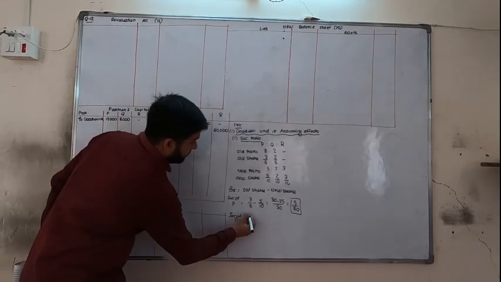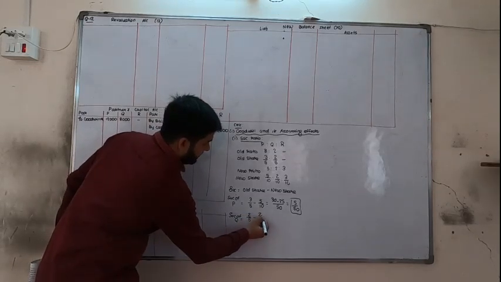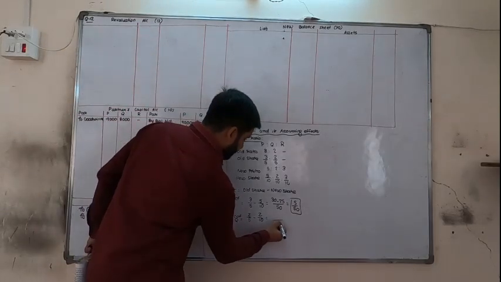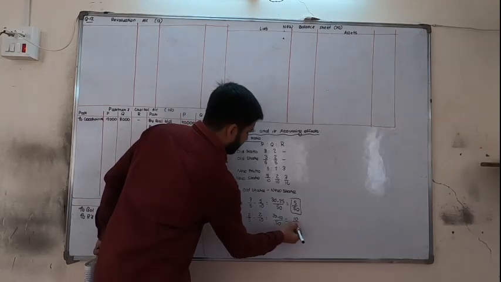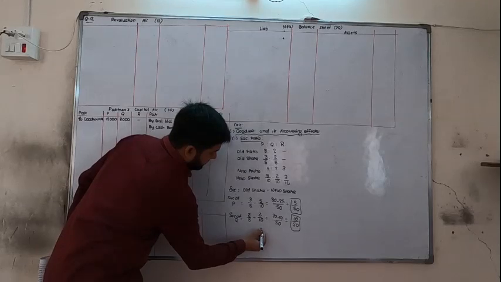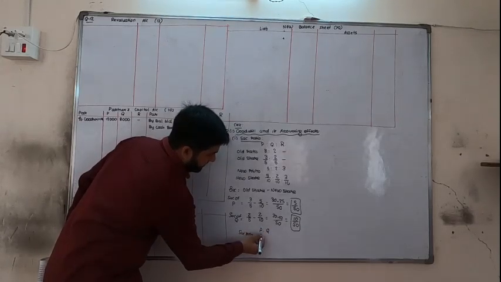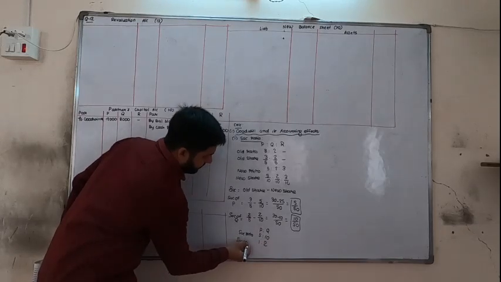Sacrifice of Q. 2 by 5 minus 2 by 10. 10 fives are 50, 10 twos are 20, 5 twos are 10, 10 by 50. So between P and Q, sacrifice ratio is 5 is to 10, or we can call it as 1 is to 2.